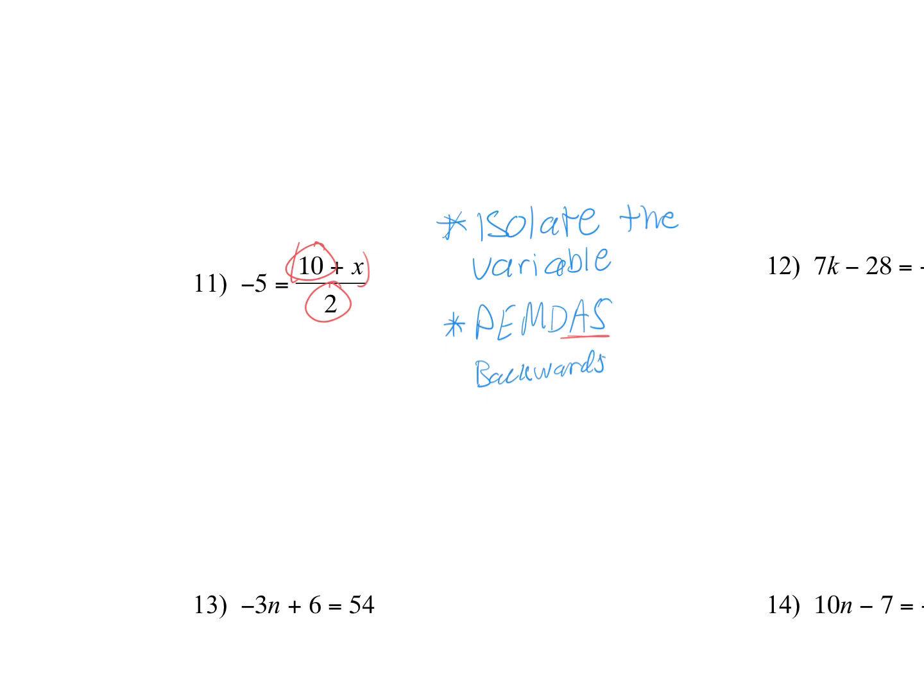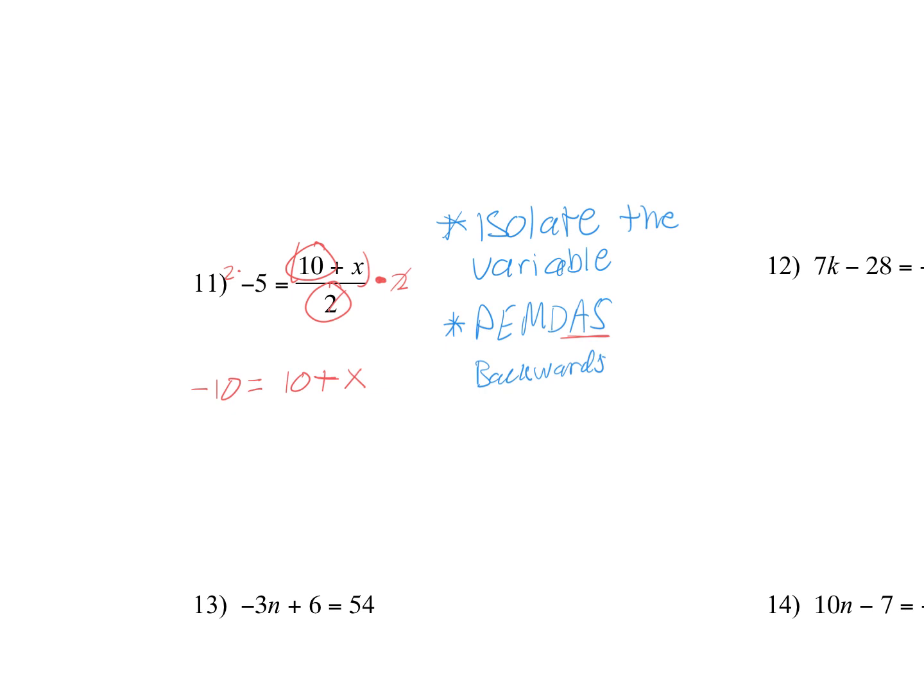So that's the first thing we want to get rid of, this divided by 2 right here. And the opposite of dividing by 2 is multiplying by 2, the inverse operation. So then 2 divided by 2 goes away, and we get 2 times negative 5 is negative 10, and this equals 10 plus x.